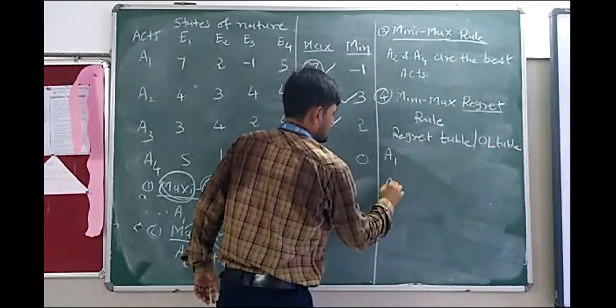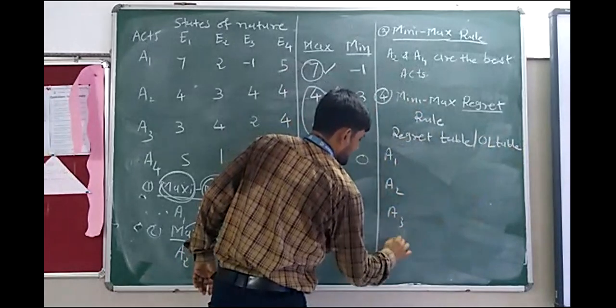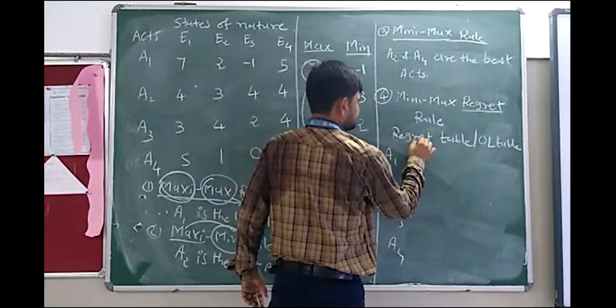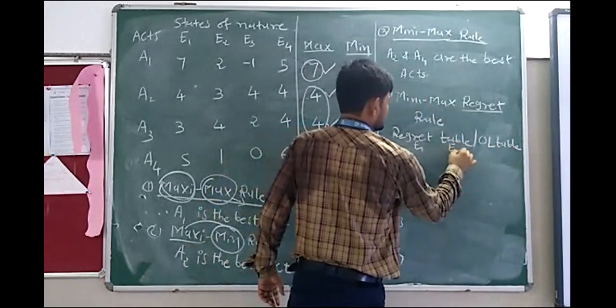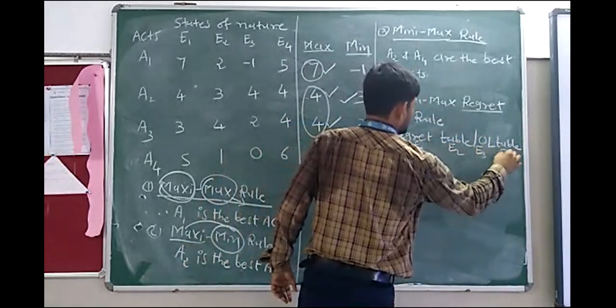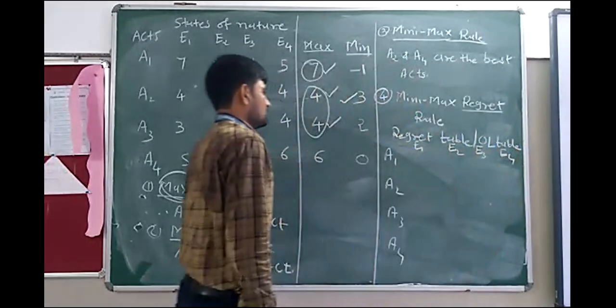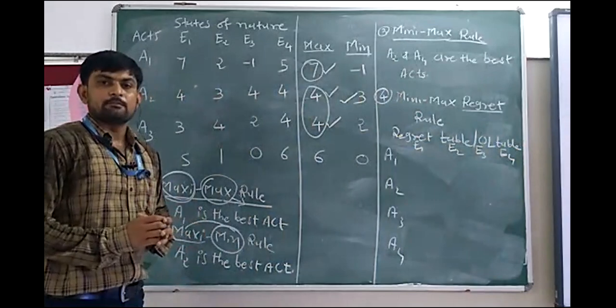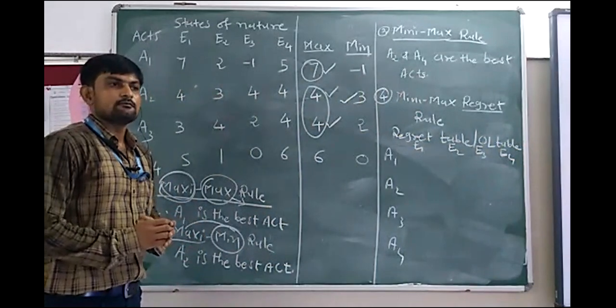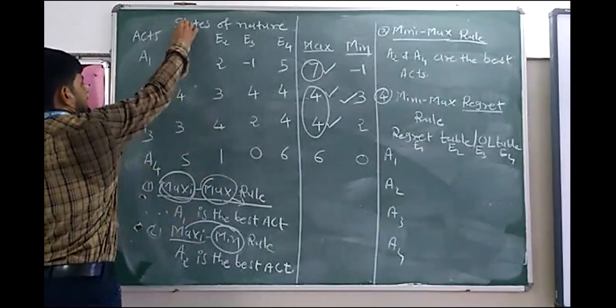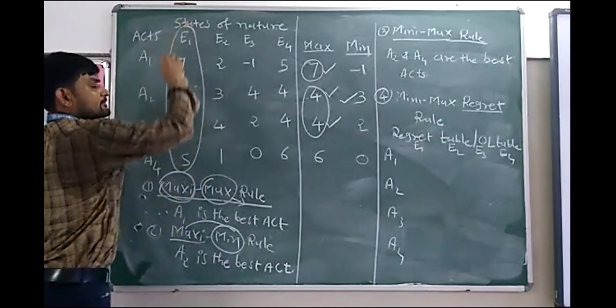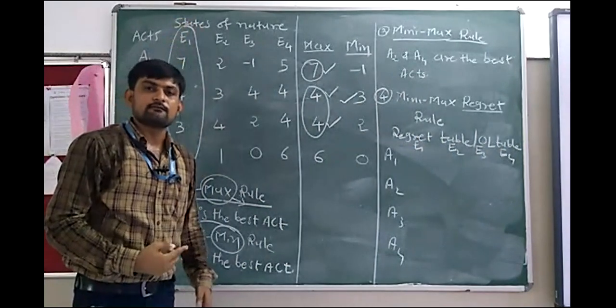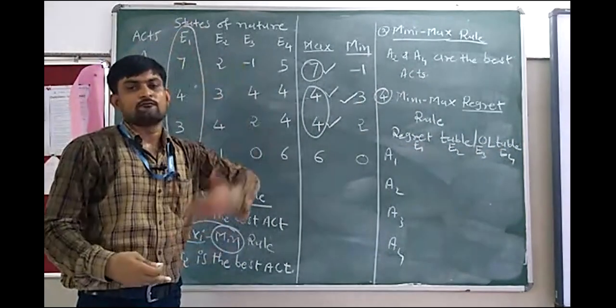Okay. So first of all, write down the acts and states of nature. Now, if you want to find the regret table, then we have to find regret states of nature wise. And here, states of nature are given in the columns, so we'll find it column wise.